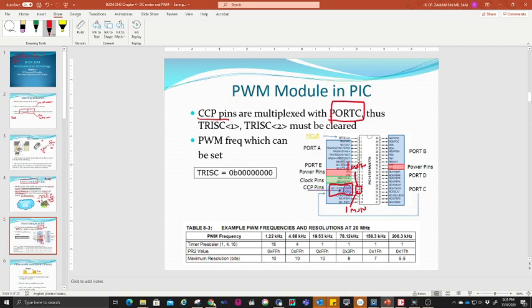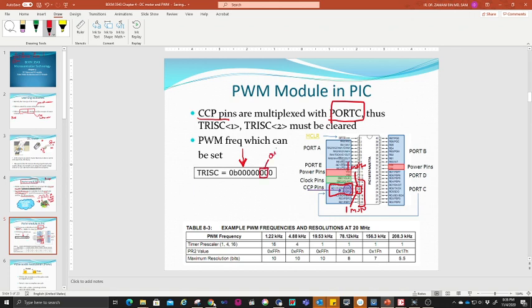So the function is to give the PWM signal. When I say that it's giving out, it means that once you want to use this port to give a signal as CCP pins for PWM, you have to set up port C as output. You have to set up these pins, RC1 and RC2, as output.